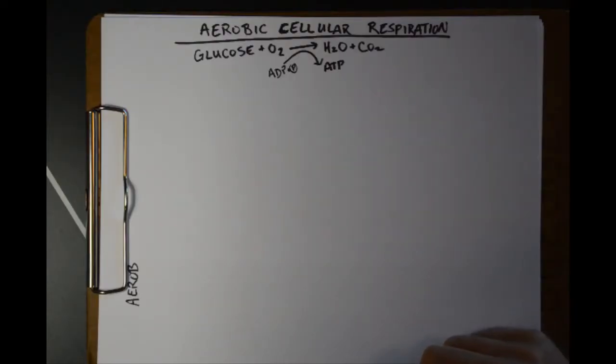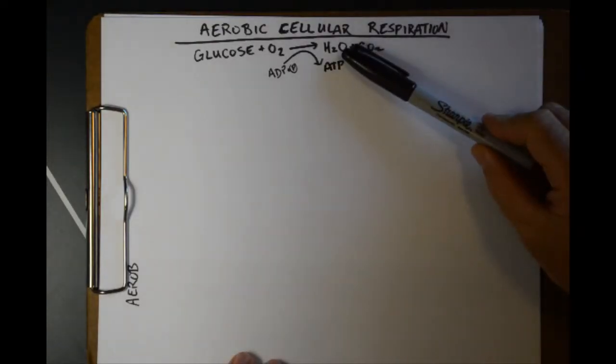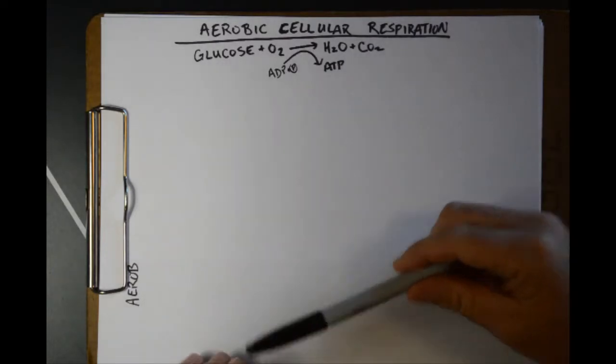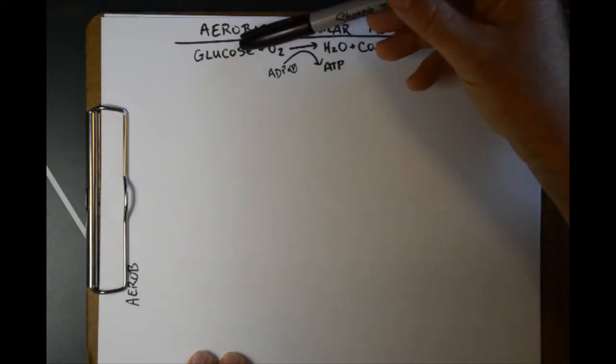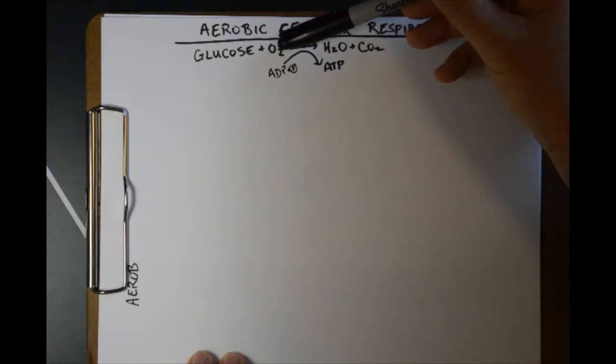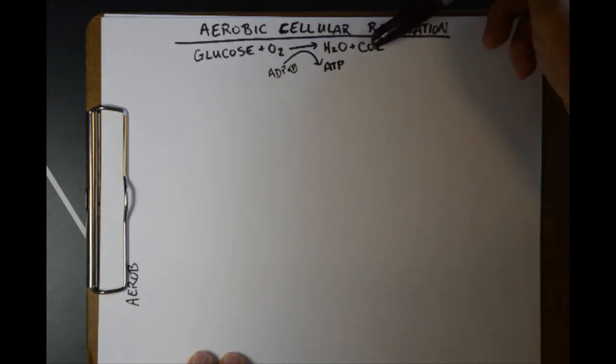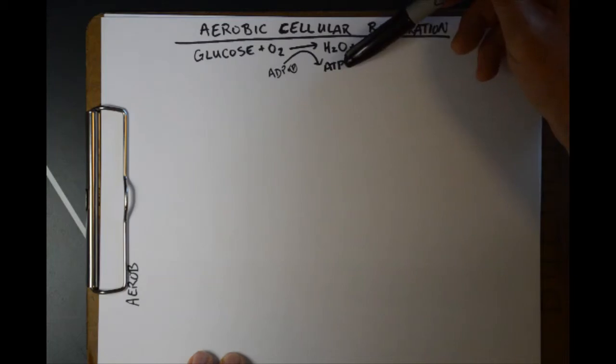Remember, the main point is to make ATP so that you can do work. This is a fairly simple overview of aerobic cellular respiration. And remember our basic formula: glucose is broken down in the presence of oxygen, yielding water and carbon dioxide. I'm not going to worry too much about most of the numbers. Our focus is really ATP because that's what we're after.